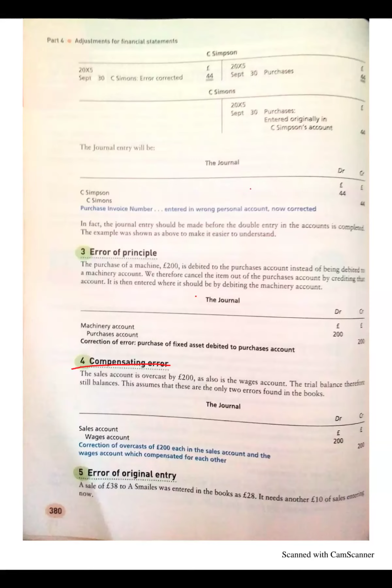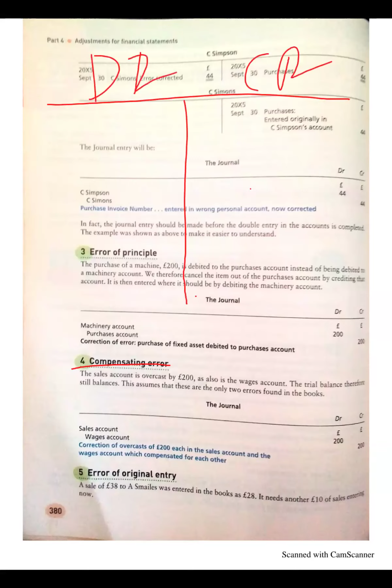It has got the credit side and the debit side. This is your trial balance. And then there is an error whereby one account which belongs to the debit side of the trial balance is undercast by 200, or overcast by 200, for example.